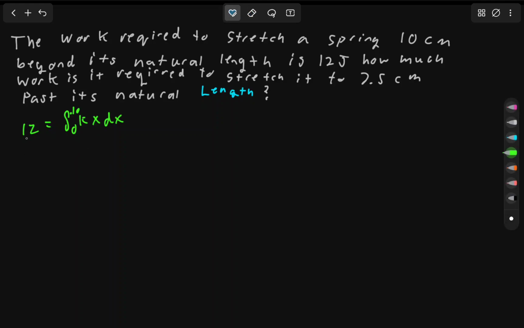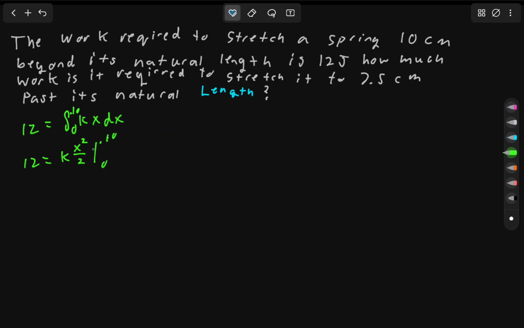So what we're going to get here is 12 is equal to kx squared divided by 2, evaluated from 0.10 to 0.